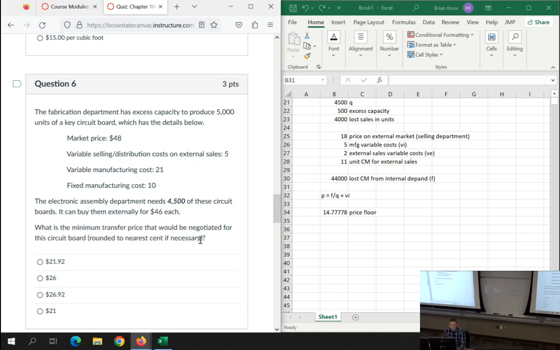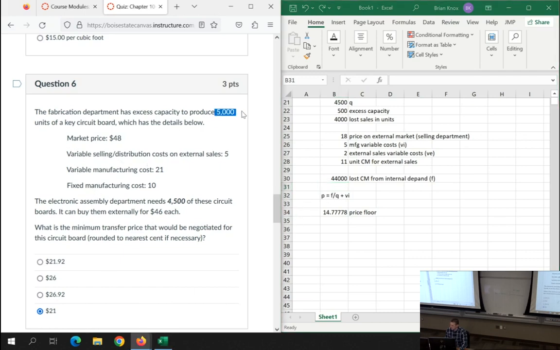So this is one you can do without any calculations, although you might still be tempted. It's 21, that's right. It's 21 because, let's look at this equation right here. P equals F over Q plus VI. That's the price floor.